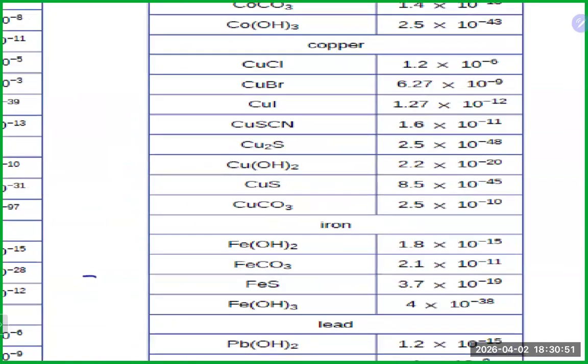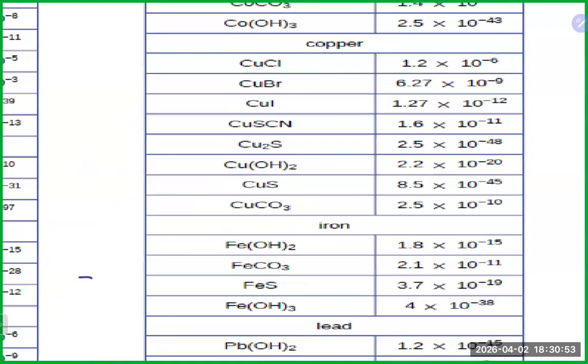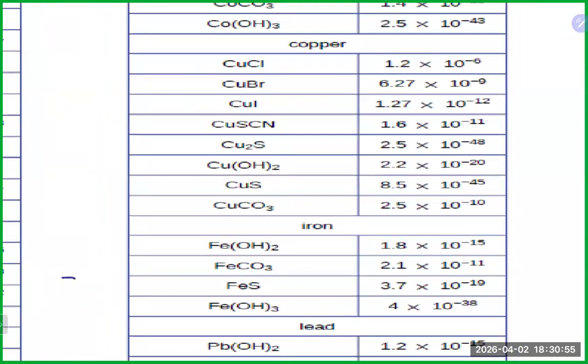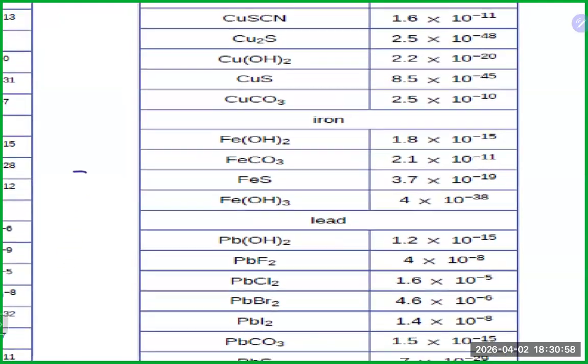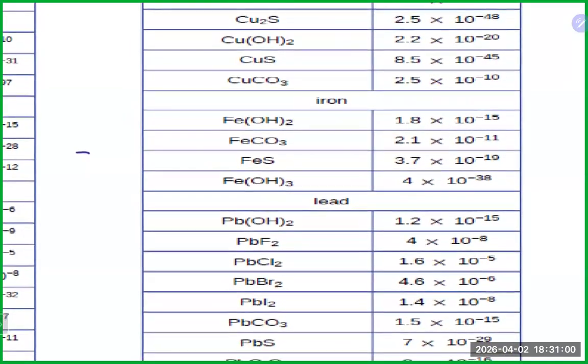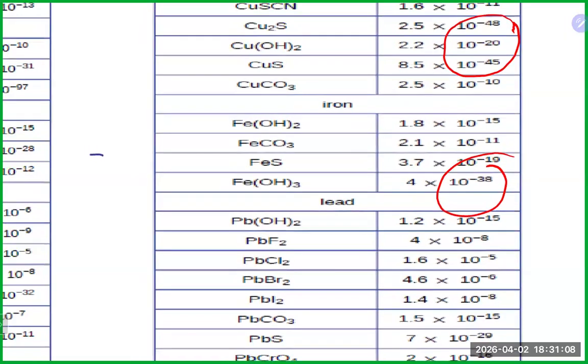These are obviously some KSP values that you should memorize. No, I'm just kidding. But one of the things you'll look at if you look at your table, which is similar to this table, is they are very, very small numbers. So typically speaking, KSP values are really, really small numbers.